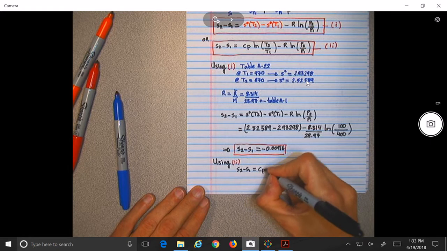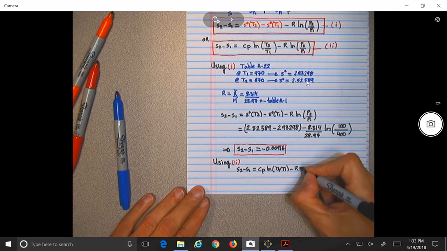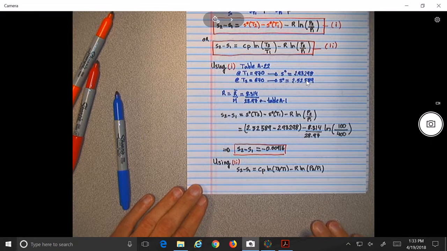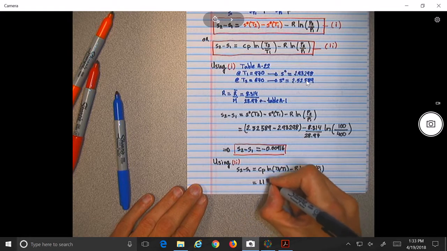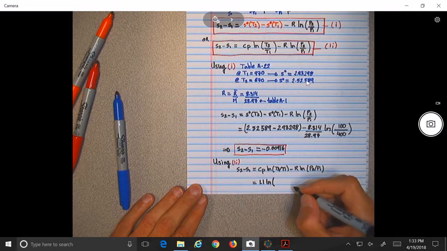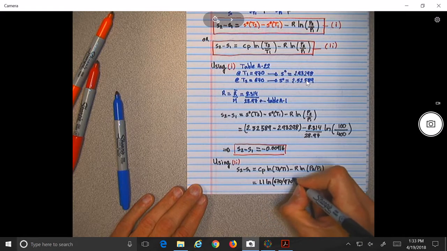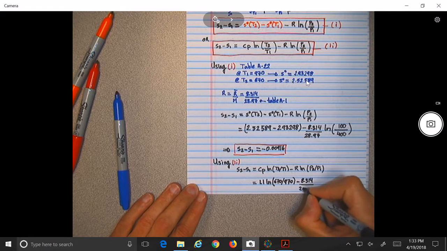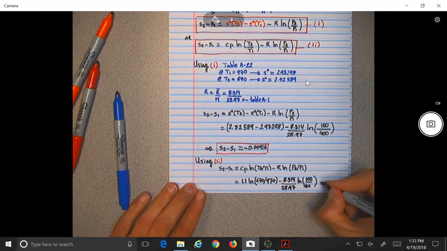Cp log T2 over T1 minus R log P2 over P1, is equal to what? 1.1 log of 670 over 970 minus 8.314 divided by 28.97 log of 100 over 400. So I'm going to write it here.